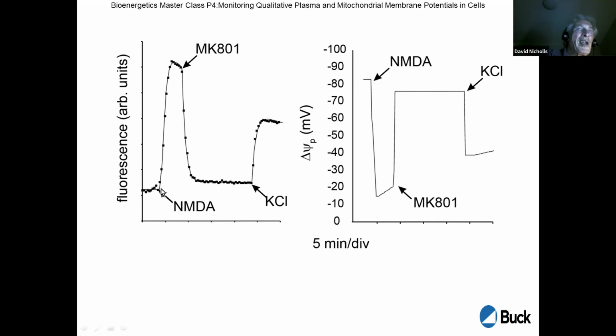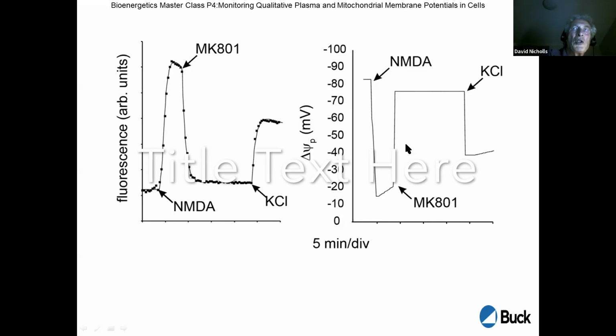The fluorescence increased when we depolarized with NMDA, and repolarized with MK801, which is switching off the NMDA receptor. And we go through our simulation, and there are lots of degrees of freedom in this simulation, but you get this sort of response going from -80. With MK801, you go back again and you depolarize with KCl.